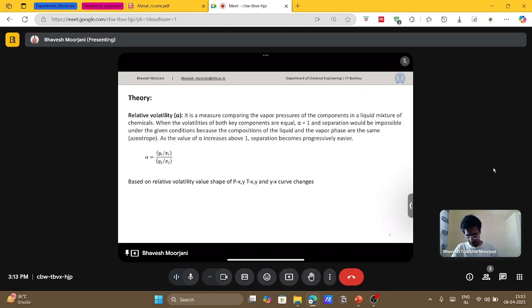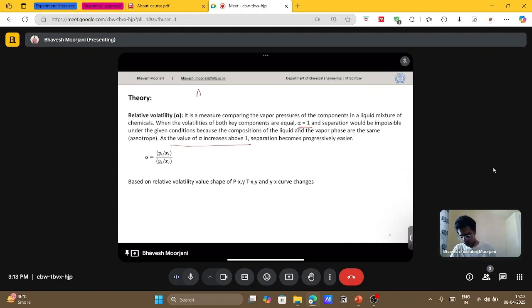It is measured by comparing the vapor pressure of the components in a liquid mixture. When the volatility of both key components is equal, when alpha is equal to 1, then separation would be impossible under the given condition, because the composition of the liquid and vapor phase is the same. So we have azeotrope formation. A value of alpha above 1 means that separation is possible.